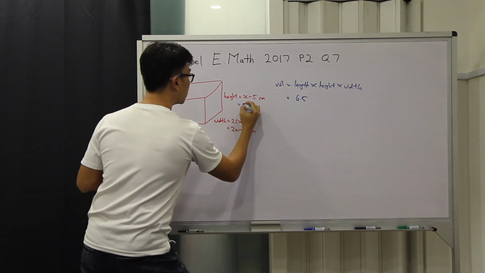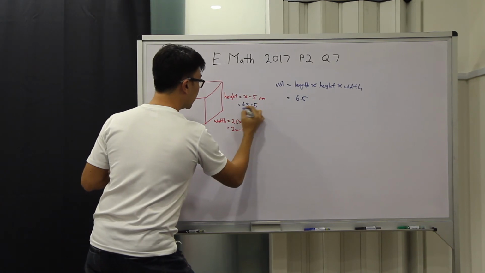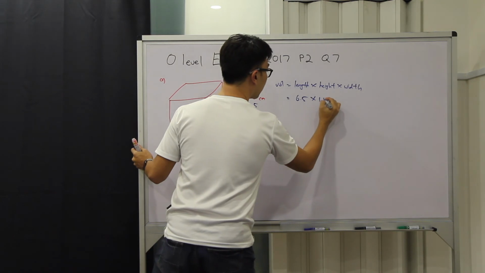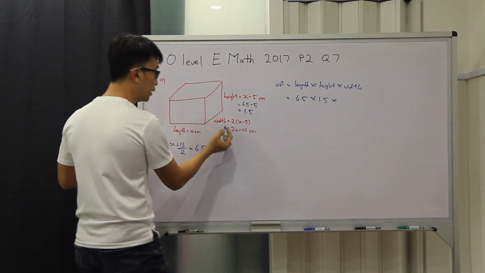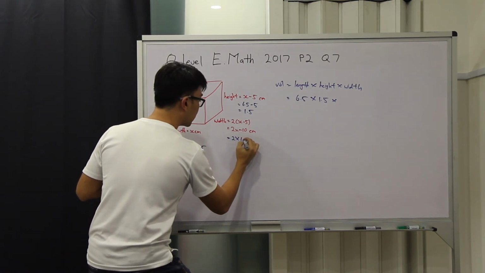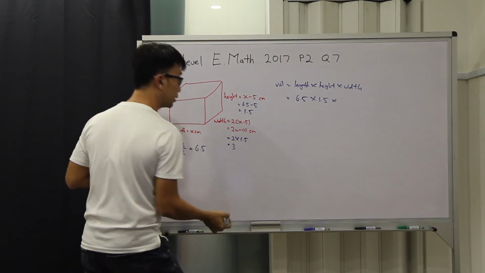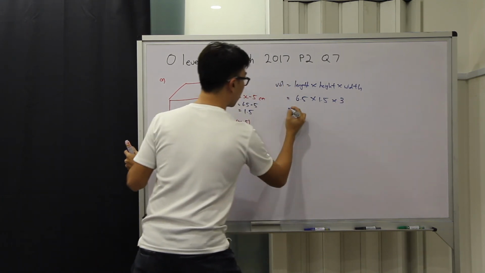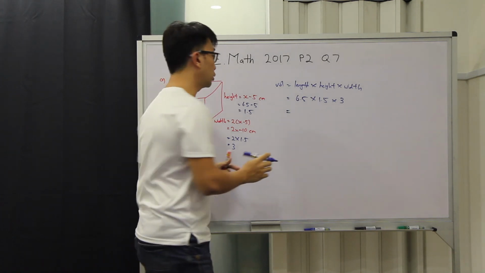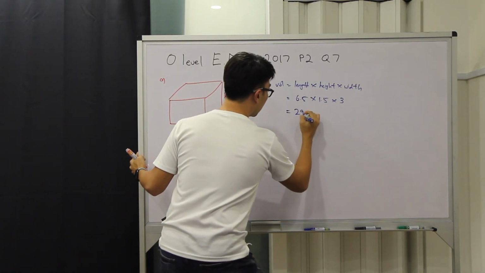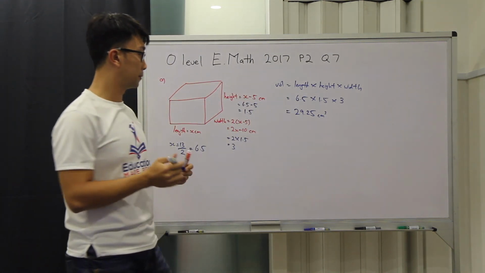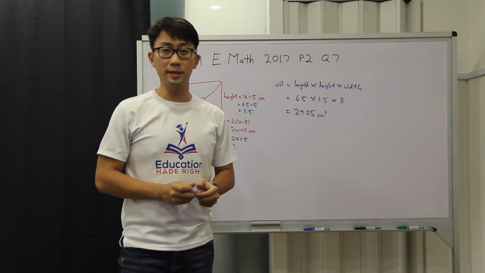Our height will be 6.5 minus 5, which gives us 1.5. And our width is twice the height, so that will be 2 times 1.5, which gives us 3. If we press this in the calculator, that will give us 29.25. And the units will be in terms of cm cubed. So that will be the answer for part E.